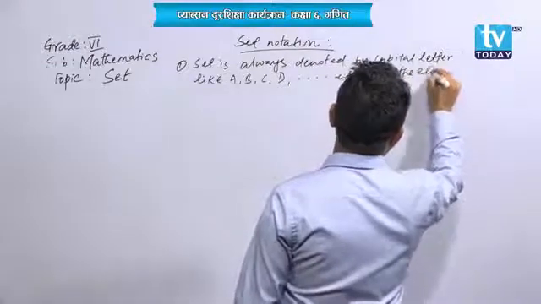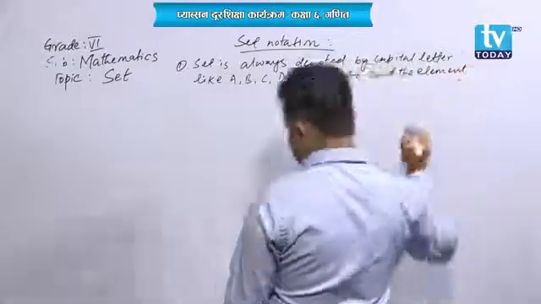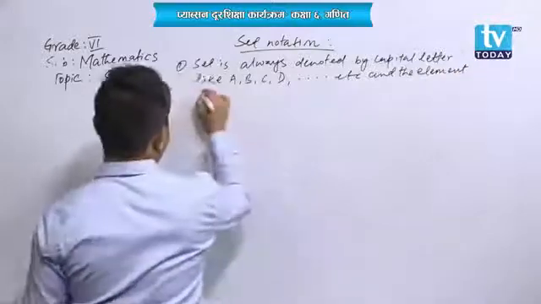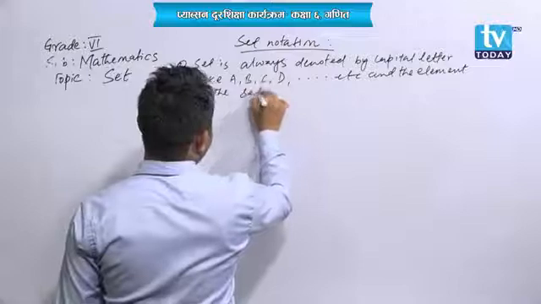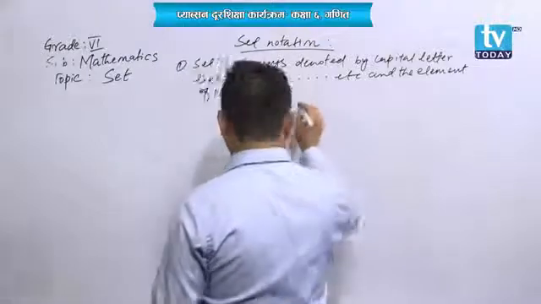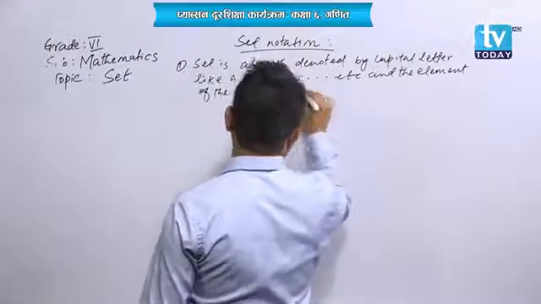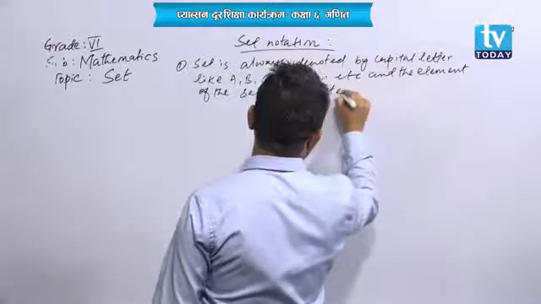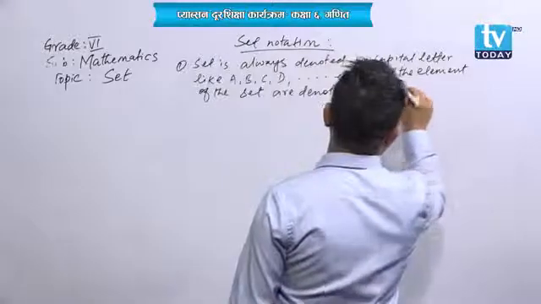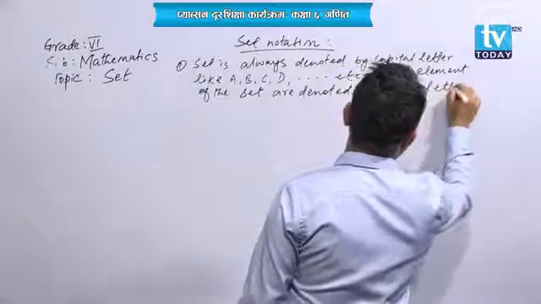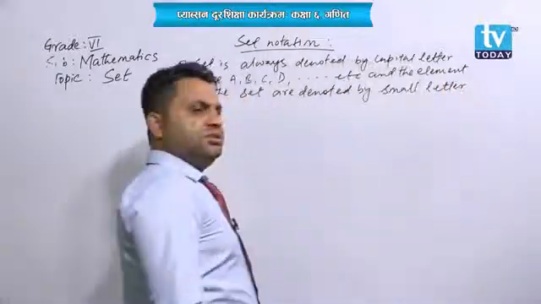are denoted by small letters. Is that clear?